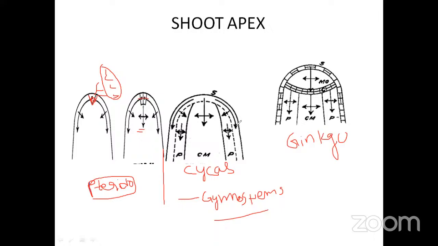In this type, three meristem zones can be recognized: surface meristem, rib meristem at the center, and flank meristem, lateral.